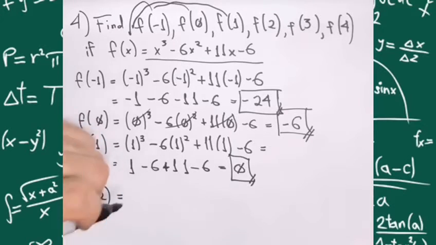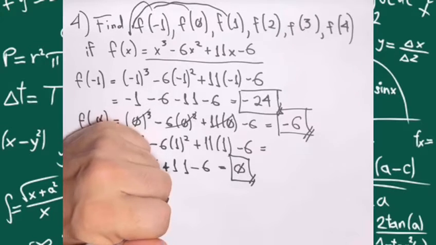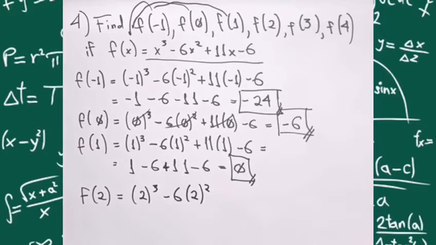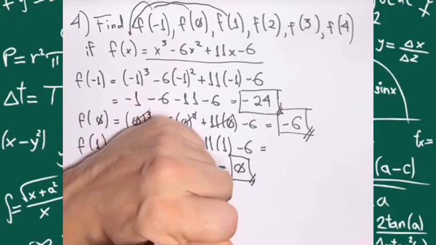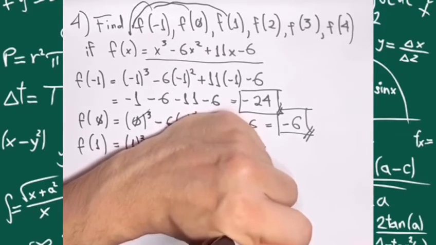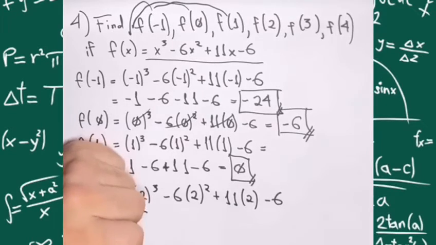F of 2, same thing. The only challenge here is that 2 cubed, 2 squared, and so forth, are going to be a little bit more complex values. But still, you just have to get in the groove and do it really quick, okay? So we do 2 cubed minus 6 times 2 squared, plus 11 times 2 minus 6. 2 cubed is going to be 8, as you can see.